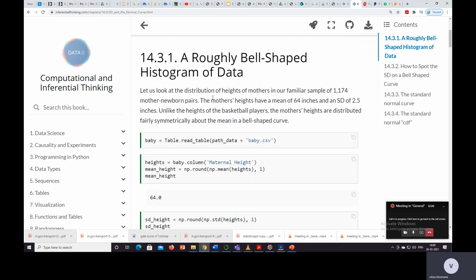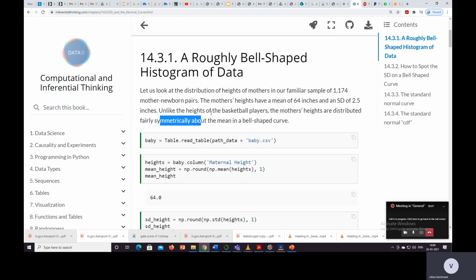So consider here the distribution of heights of mothers. We have an example of about 1174 mother newborn pairs. The mothers' heights have a mean of 64 inches and a standard deviation of 2.5 inches. Unlike the heights of basketball players, the mothers' heights are distributed fairly symmetrically.